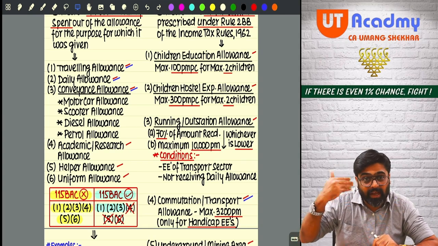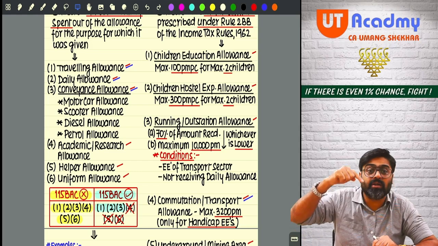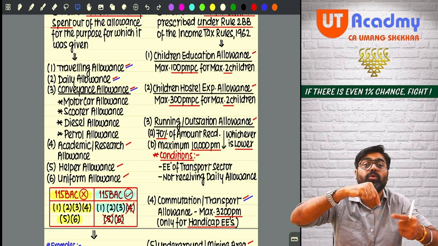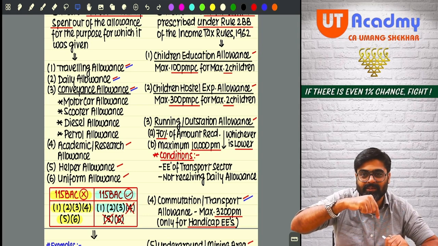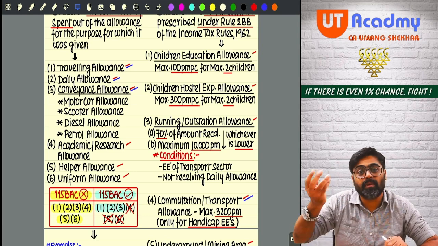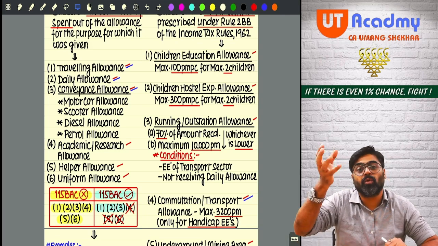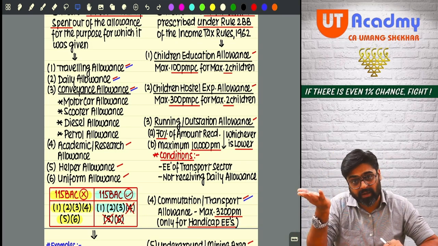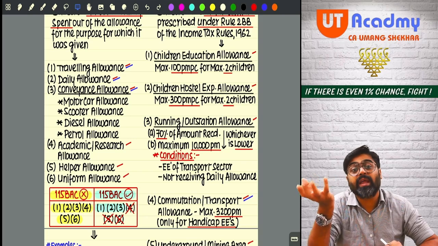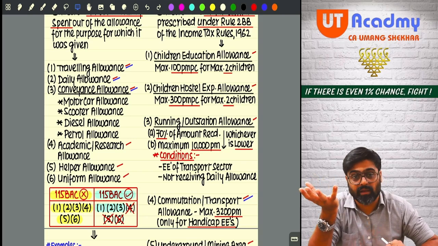So there are certain expenses which might be incurred on the vehicle which is used to perform official duties. For example, a motor car, a scooter, a motorcycle, etc. Conveyance means what? Vehicle.